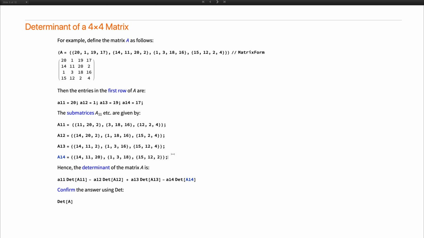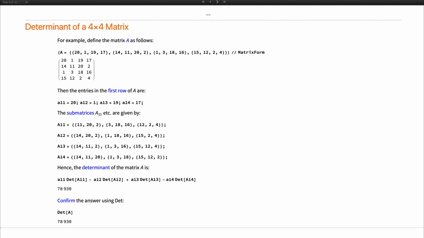For example, the fourth submatrix is obtained by deleting the first row and the fourth column, so you get 14, 11, 20, 1, 3, 18, and 15, 12, 2, like you see here. Then you can apply the definition to work out the alternating sum, and you get back a quite large answer, but you can check it with Det, and you get back just the same answer.